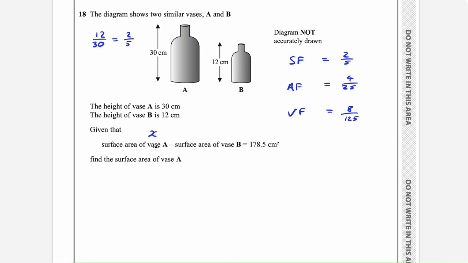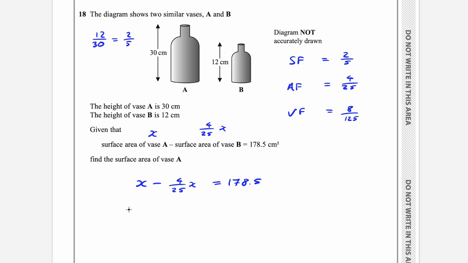So surface area of A is x minus the surface area of B is then 4 over 25 x. So this is 4 over 25 x. And this equals 178.5. Okay, now this minus this, guys, this is just like fractions.